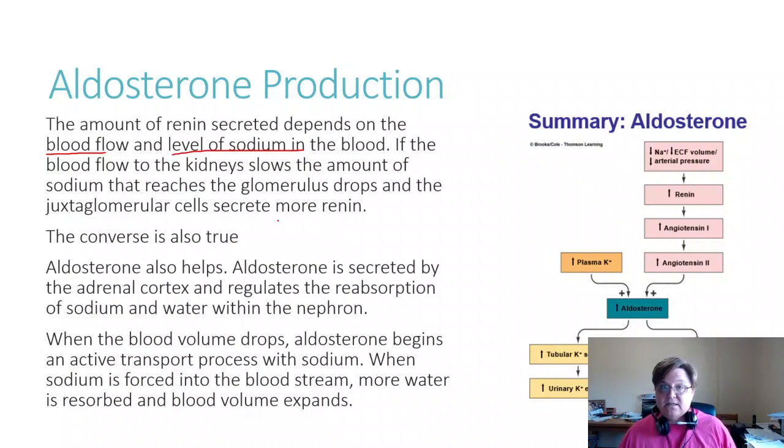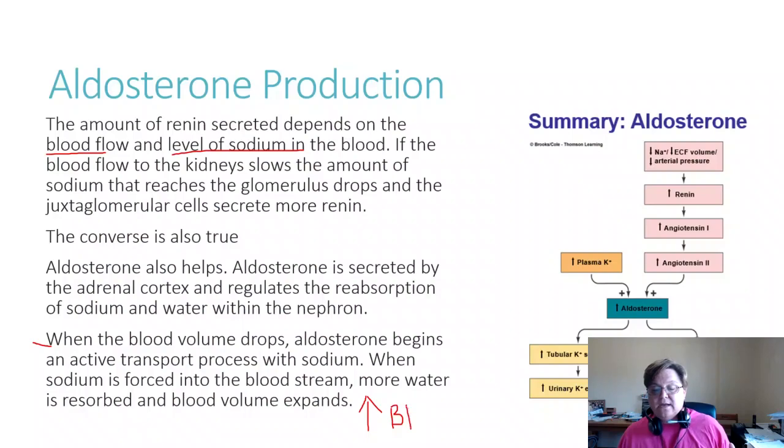But the opposite is also true. So aldosterone also helps, just like I mentioned on the previous slide. And when our blood volume drops, the aldosterone begins an active transport process with sodium. And as more sodium is forced into the bloodstream, more water is reabsorbed. And so our blood volume expands and our blood pressure comes up.